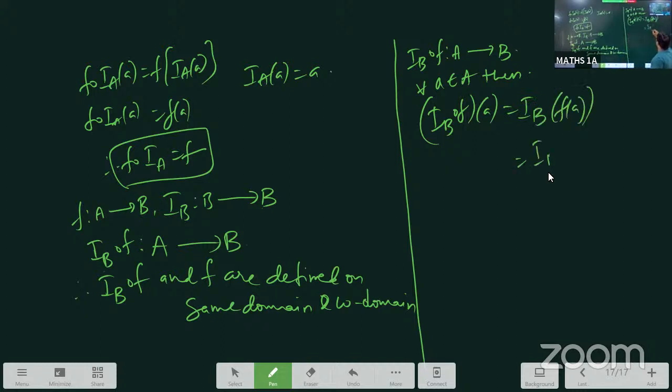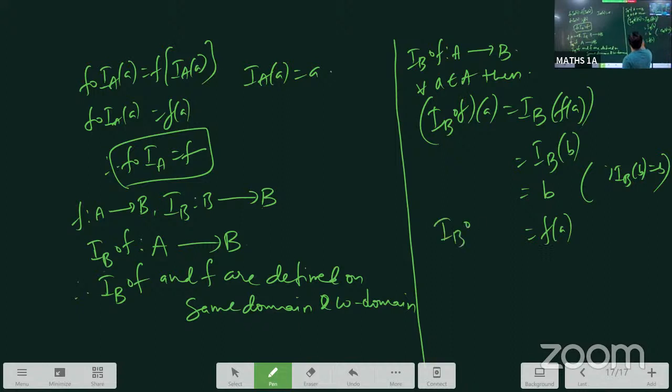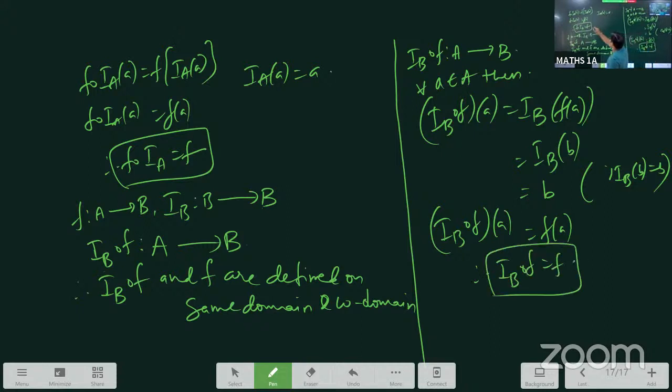But what is f of a? It's b, because f is mapping from A to B, it's already given. But Ib of b is b. Why? Because it's an identity function. But what is b? f of a. So Ib circle f of a, I got f of a. So therefore, Ib circle f equal to f. This is your second one.